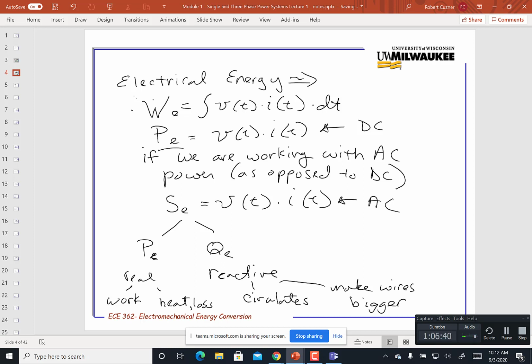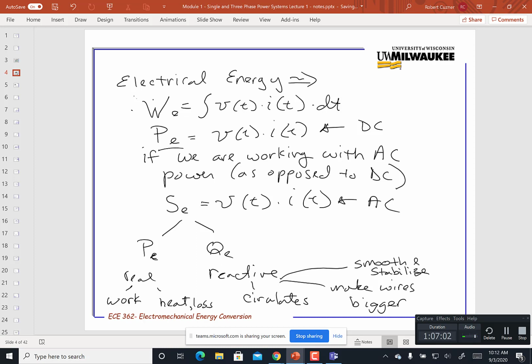So usually reactive power is not a positive thing, but sometimes it helps you smooth and stabilize things. So it does have a positive aspect to it. It can smooth things out, and it can stabilize things for you.